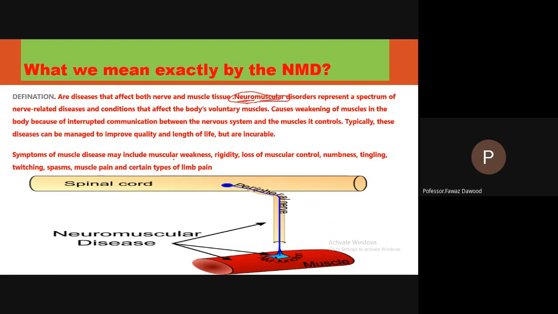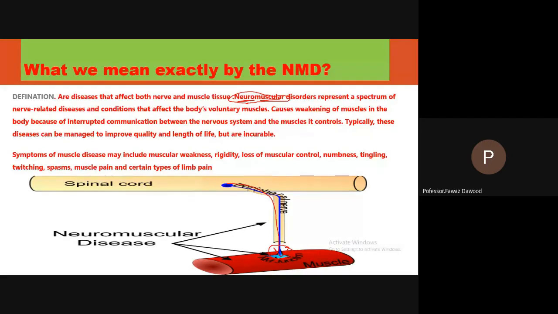We know that the brain and the spinal cord have different types of nerves which are distributed in all the body. And as a general talking, the nerve is passing from the spinal cord to the muscles. So this junction is called the neuromuscular junction or the neuromuscular disease.